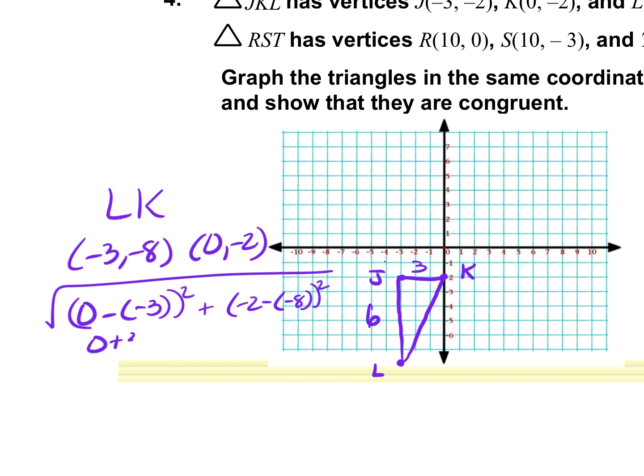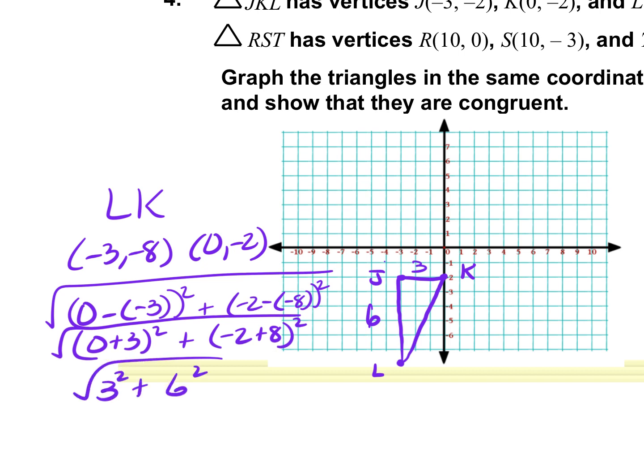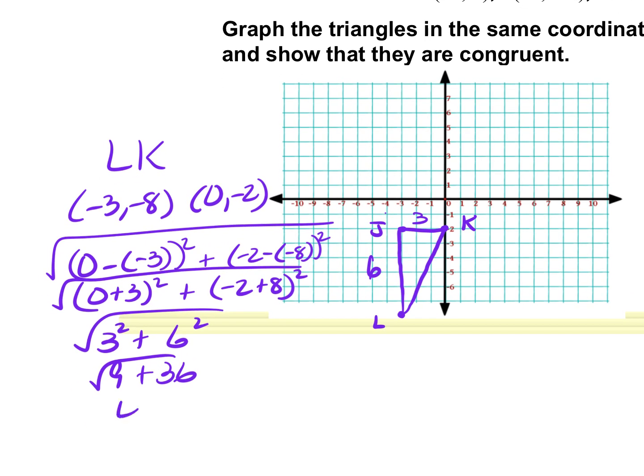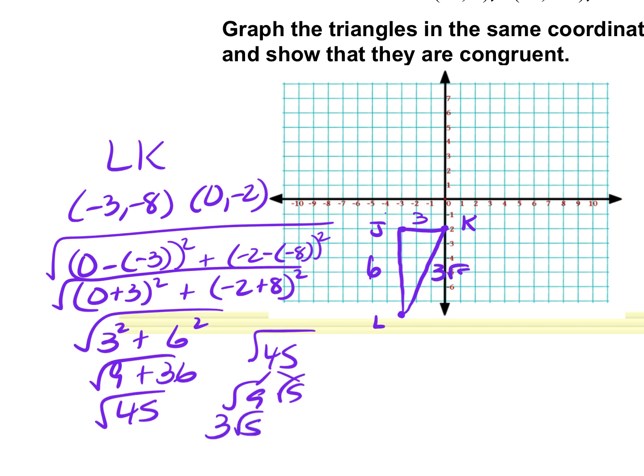This turns into 0 plus 3, and -2 plus 8, all under the radical still. 3 squared, 6 squared, 9 plus 36 gives me 45. Break it down: 9 and 5, 3 square root 5. So the length of LK is 3 times the square root of 5.